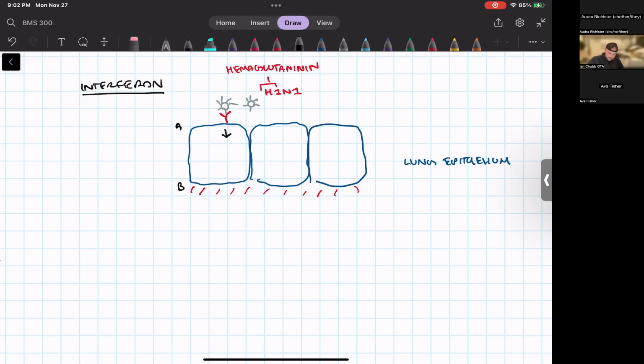Once in the cell, viruses can work different ways depending on if it's an RNA versus a DNA, but it will essentially take over cell functions. The big functions are going to be transcription and translation.